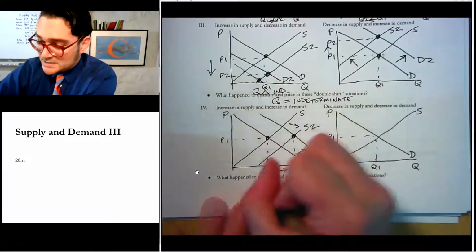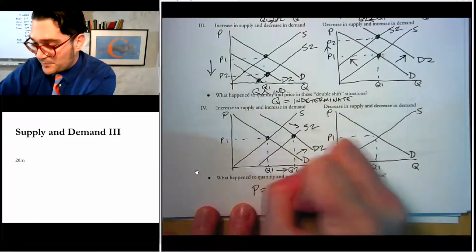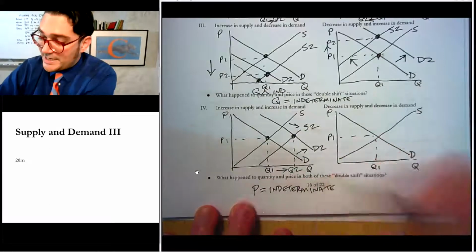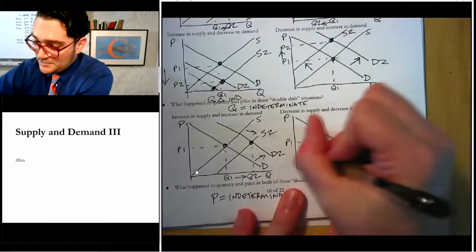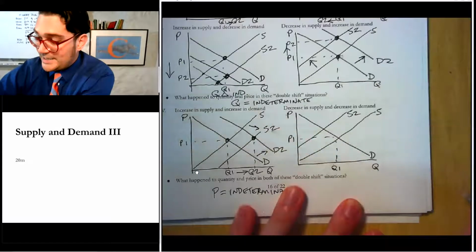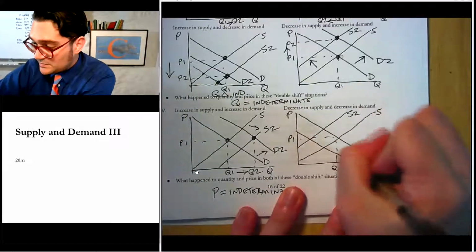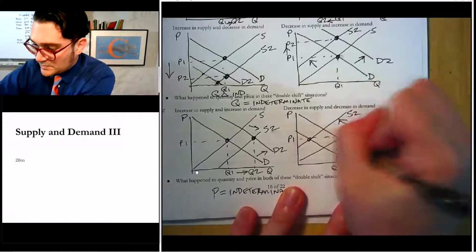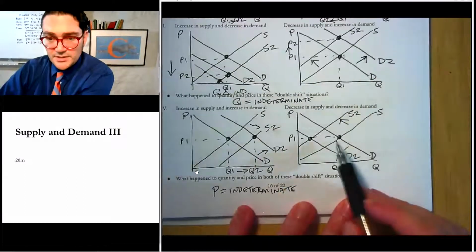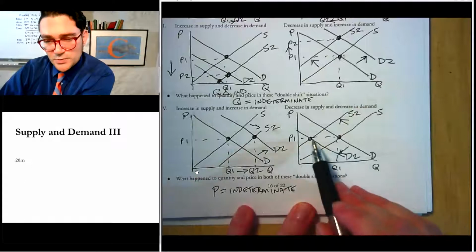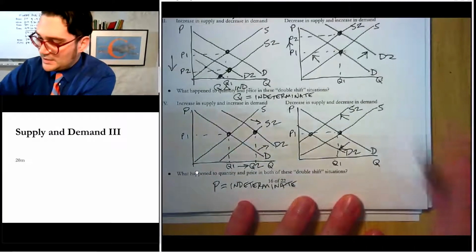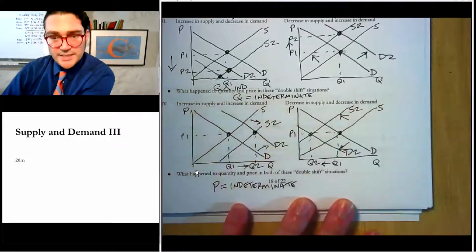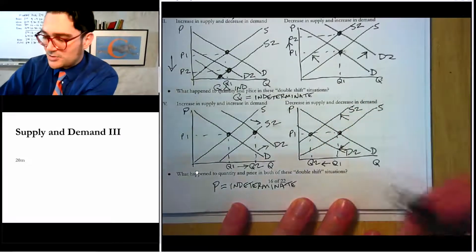So the price is indeterminate. And now we're going to do this one, decrease in supply, S2, and a decrease in demand, D2. Little arrows there. So we started here, and then we moved to S2 and D2. And in that one, the quantity pretty clearly changed, but the price, again, is indeterminate.